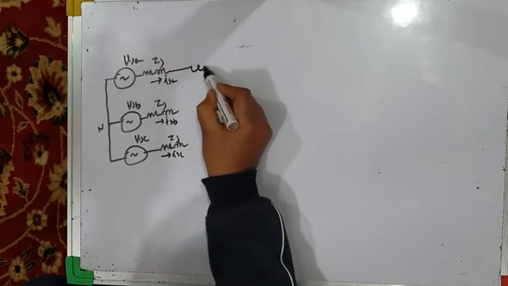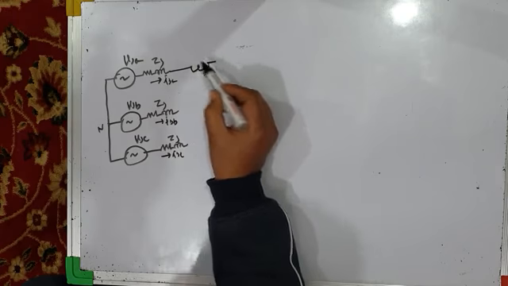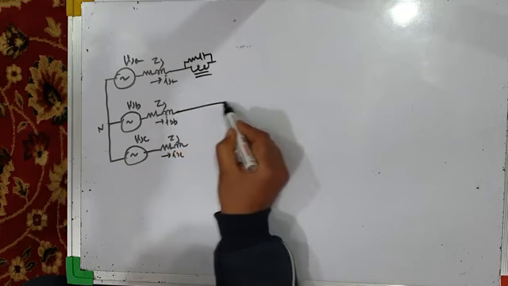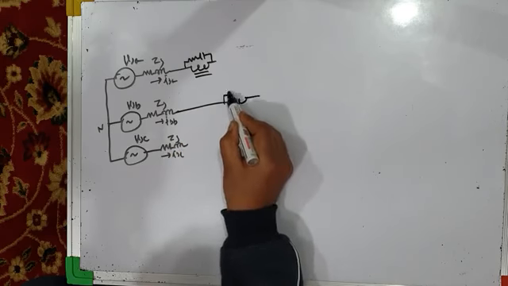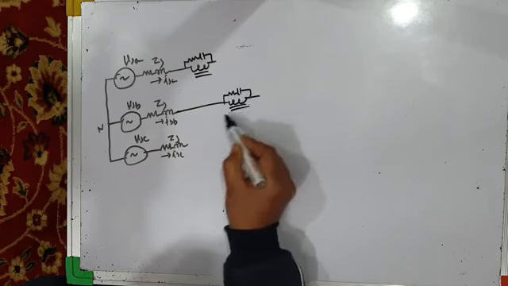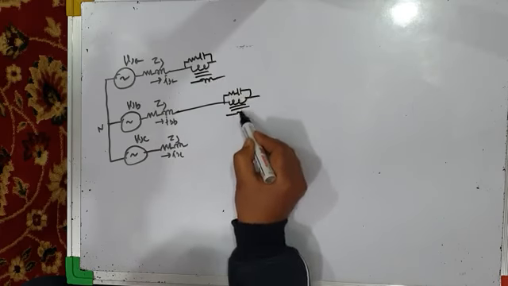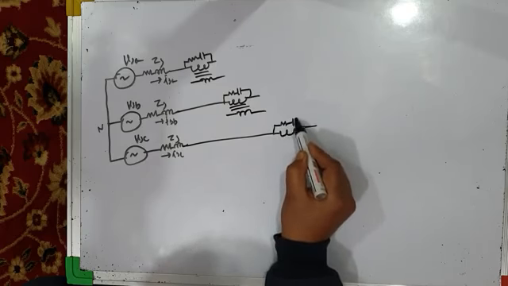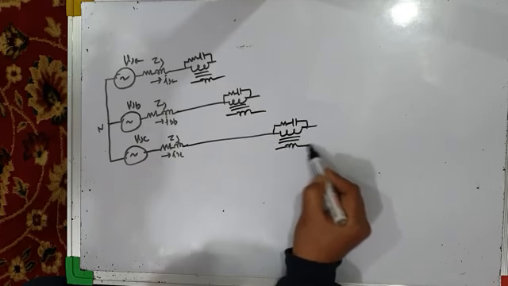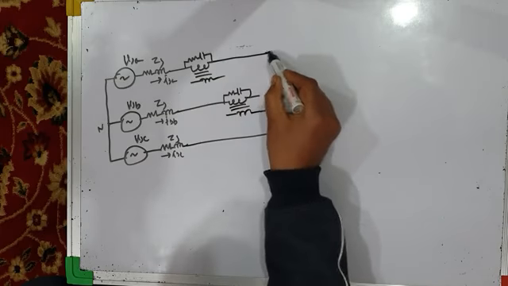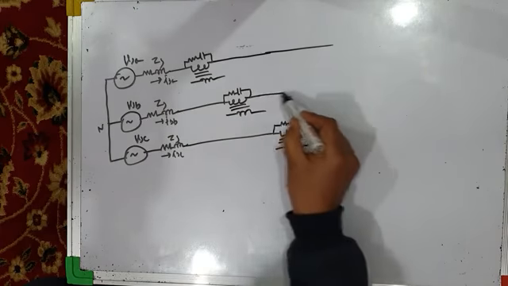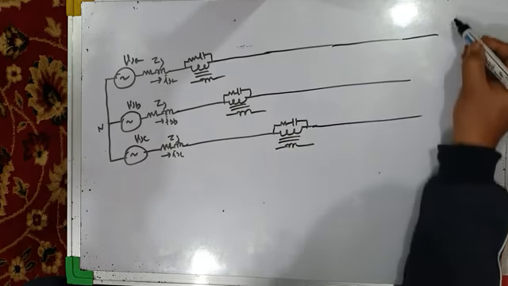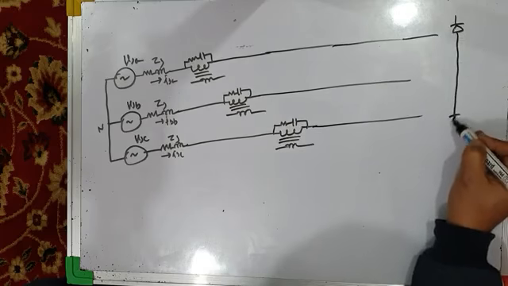Then you have series active power filters like this. And this is your non-linear, three-phase non-linear load, say a three-phase diode bridge rectifier.